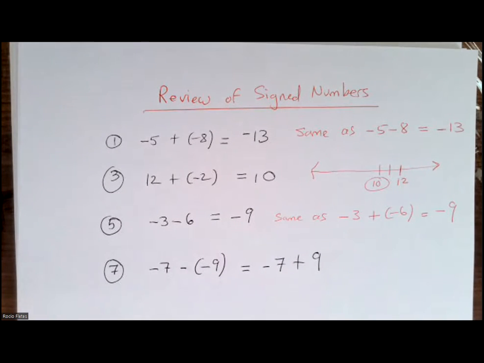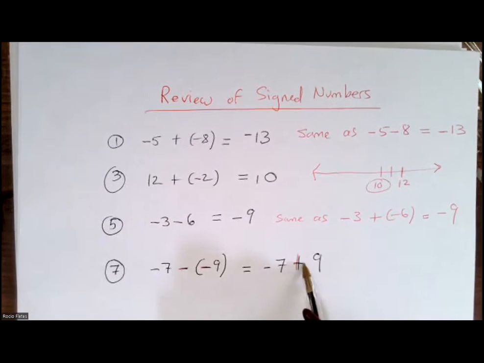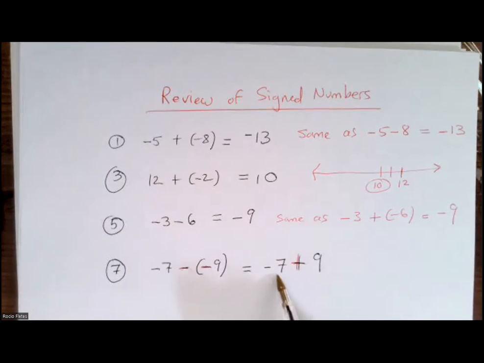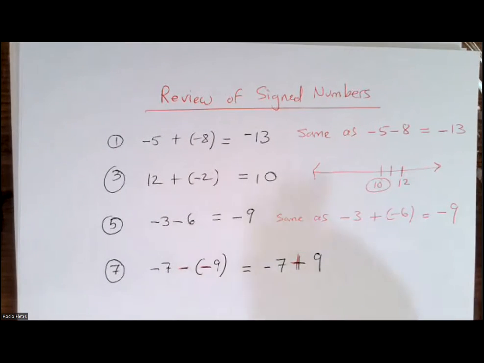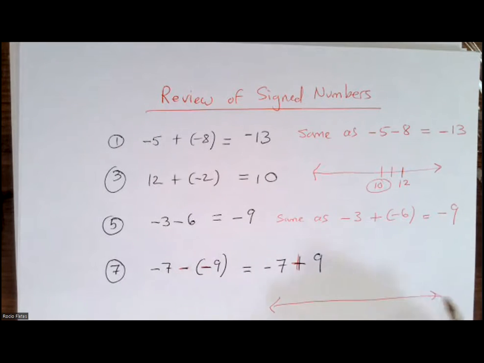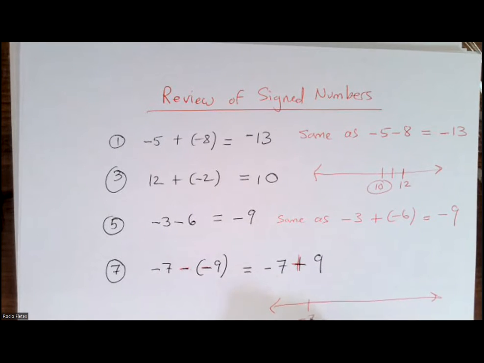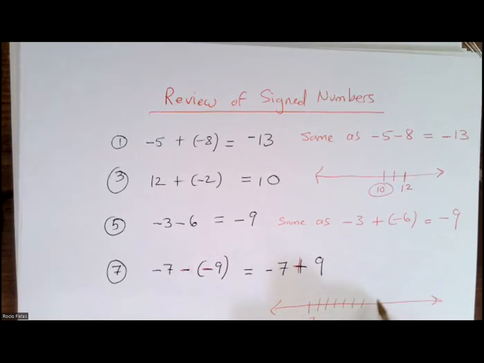And then notice something on number 7: how the negative next to a negative, together like that, makes it a positive here. And then you have a negative plus a positive. On the number line, if we are at -7 and we add 9, here's 1, 2, 3, 4, 5, 6, 7, 8, 9.